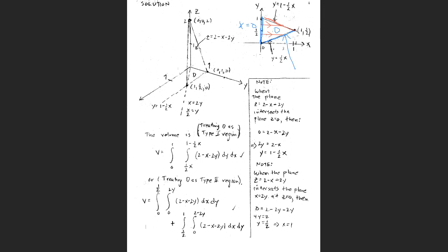So because of that, if you're going to treat the region D as a type 2 region, you're going to need to add two double integrals to get the volume.